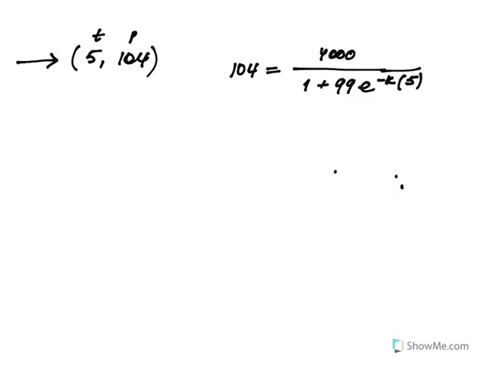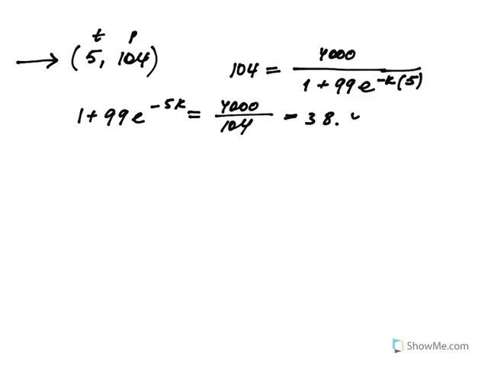So now let's solve this equation for k. We get 1 plus 99 e to the power of negative 5k equals 4,000 over 104, which is, let me use my calculator here quickly, 38.462.